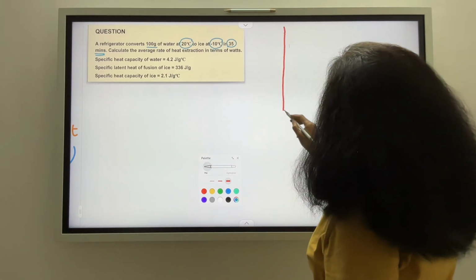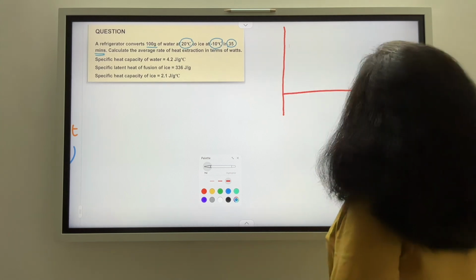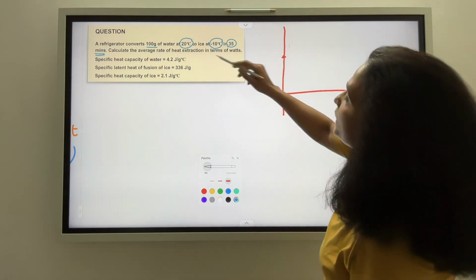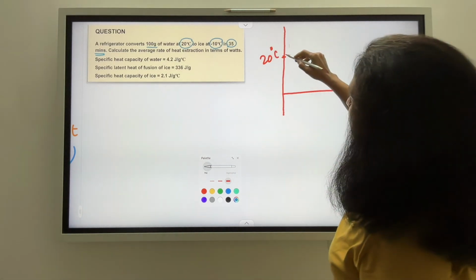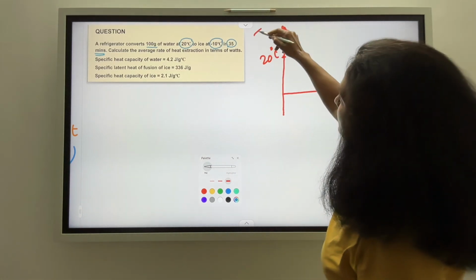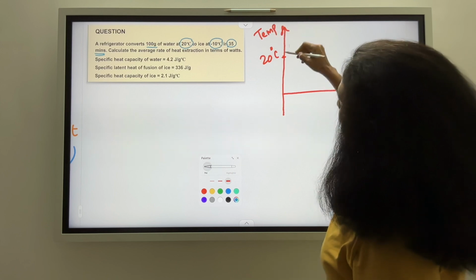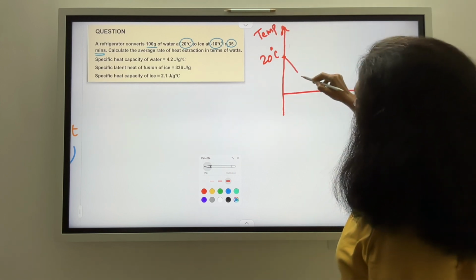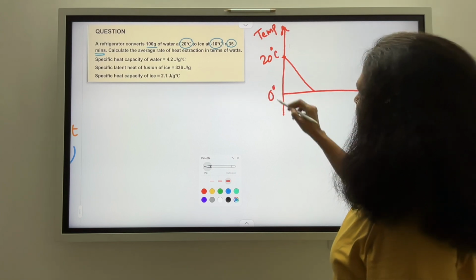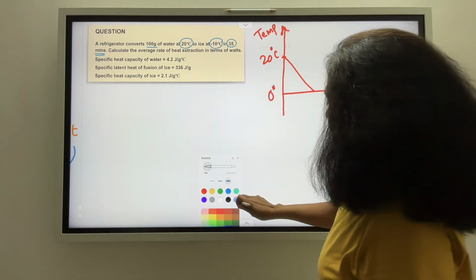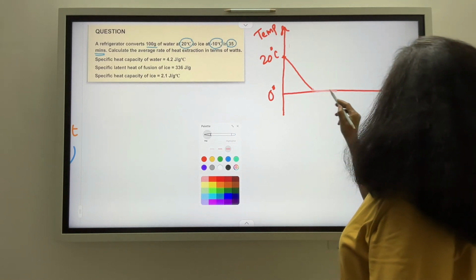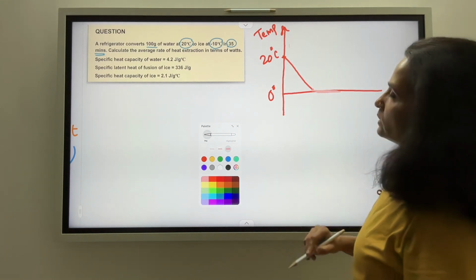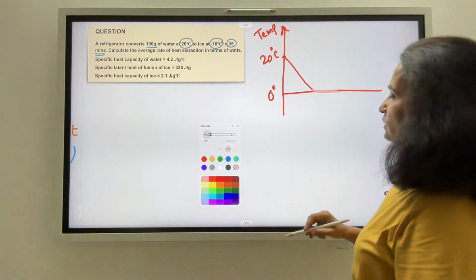So we have water which is at 20 degrees centigrade. Alright. Now this water is being cooled. This is the temperature. So the water is being cooled and it has hit 0 degree where it converts into ice at 0 degree on refrigeration.